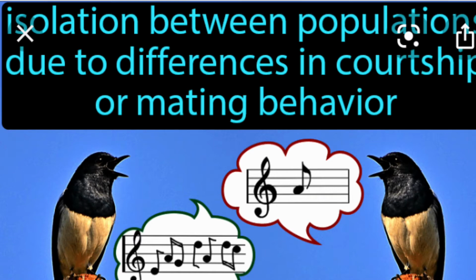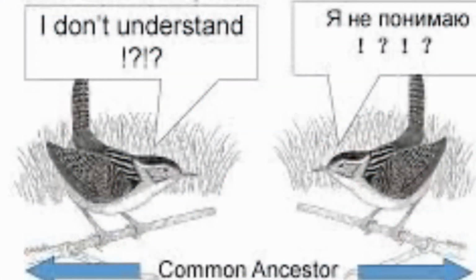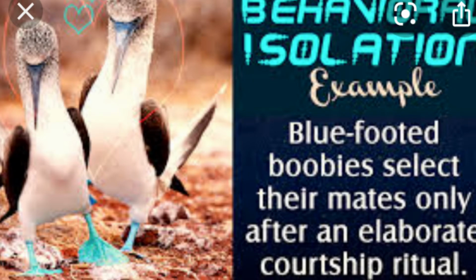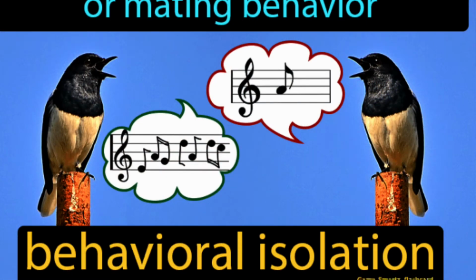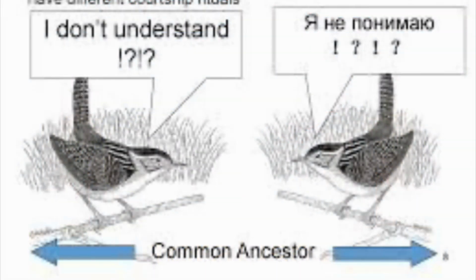You could also say it's when two populations of the same species develop some different behavior, or it could be a look too, typically in mating rituals. So you don't look good, I don't want to be with you, I'm not going to make babies with you. Or you act silly, I don't want to be with you, so we're not going to make babies. That would be behavioral isolation.